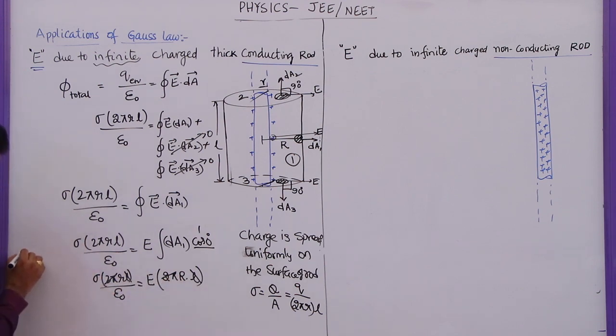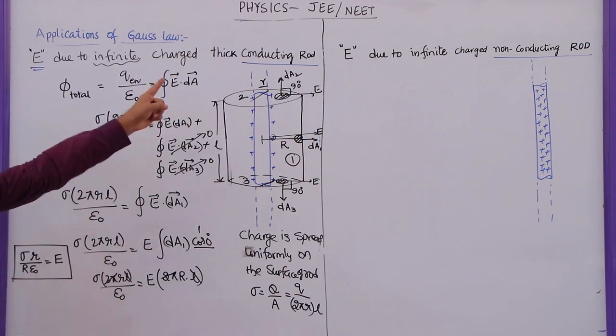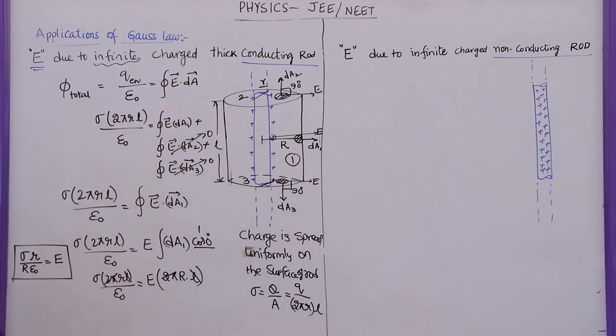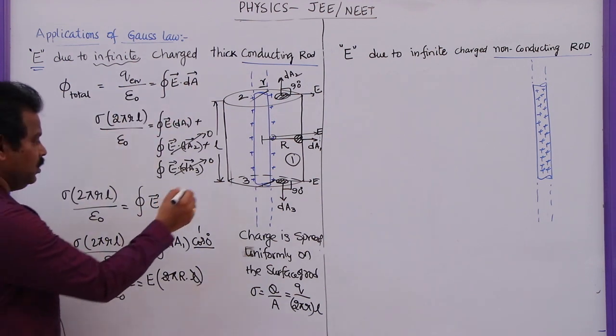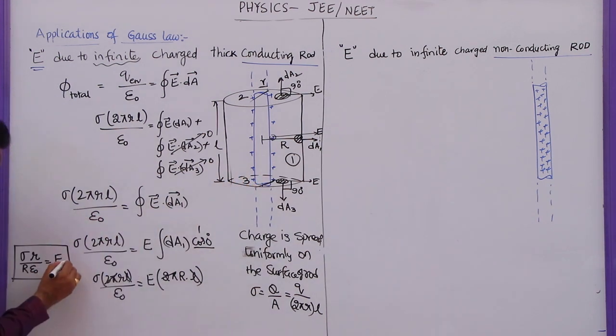So here I am writing sigma small r by capital R epsilon naught is the electric field due to this thick conducting rod. Now this is the electric field outside the thick conducting rod, so I will write this as outside the conducting rod.